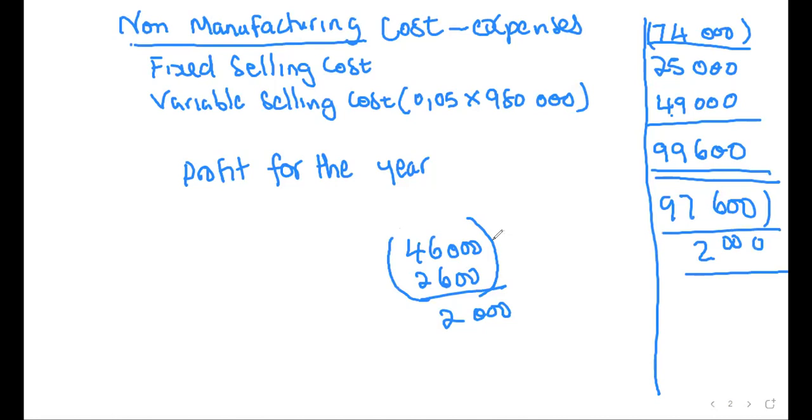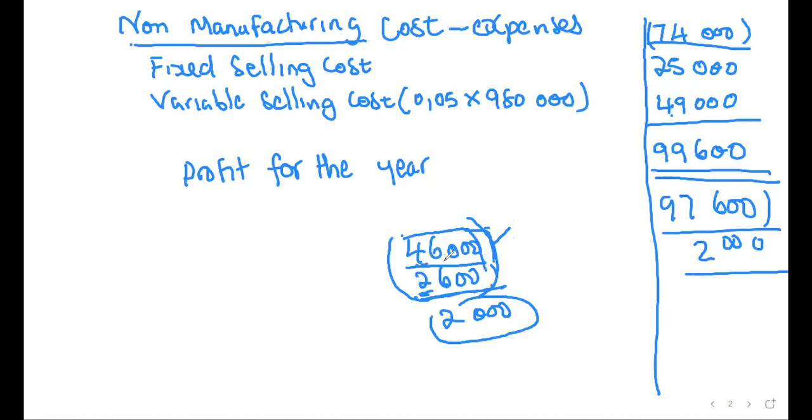In absorption costing, you have to include fixed manufacturing overhead in the value of the closing inventory. So the value of the closing inventory is more than under direct costing, because there you did not include the fixed cost. The difference in profit is only because of the valuation of your closing inventory.